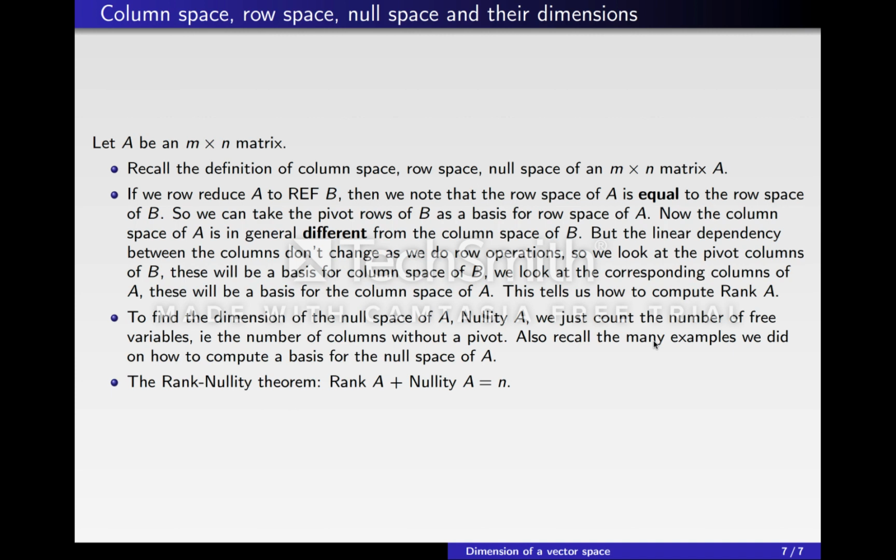Now, if we row reduce A to a row echelon form B, then we note that the row space of A is equal to the row space of B. I explained this in class before, but broadly speaking, every time you do a row operation, you don't change the row space at all, because you just turn a bunch of rows into their linear combinations.